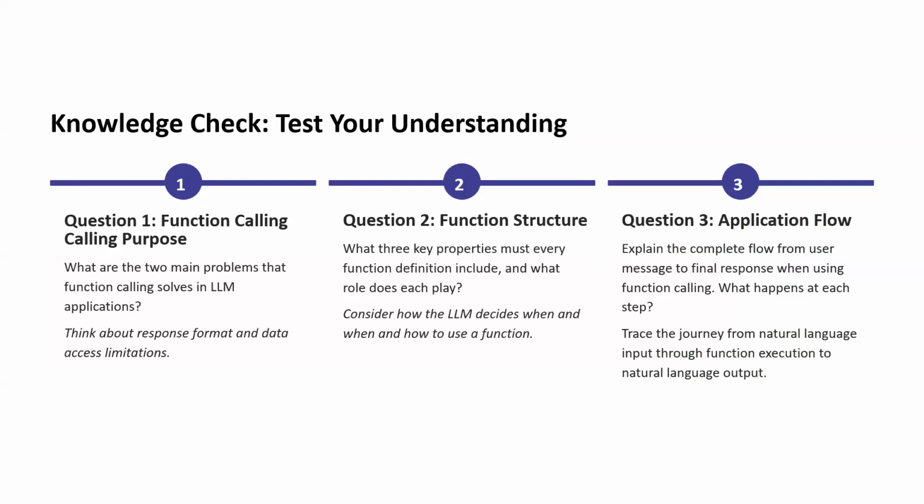So let's run through a quick knowledge check to test our understanding. Question one says function calling purpose. What are the two main problems that function calling solves in LLM applications?